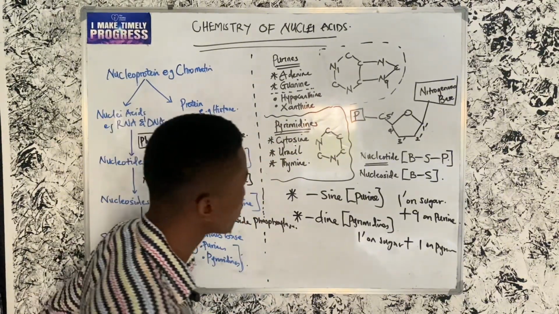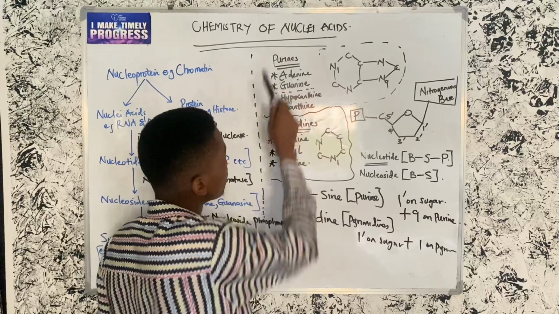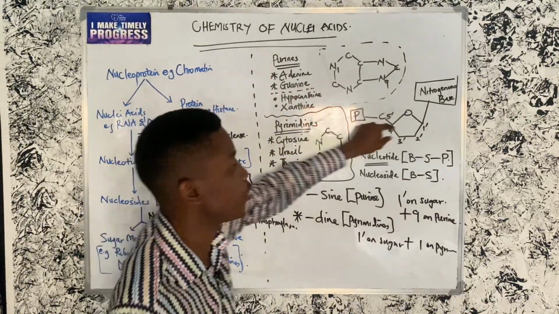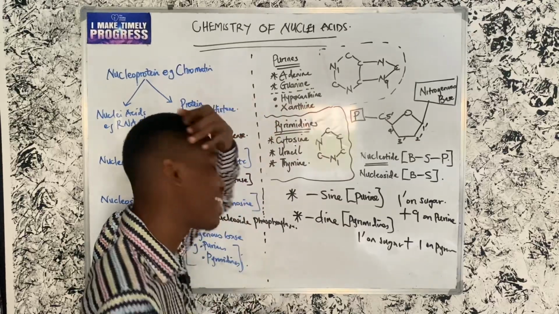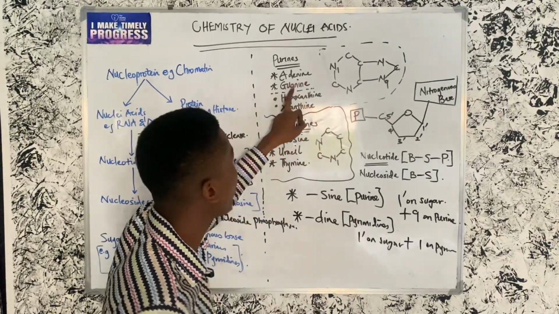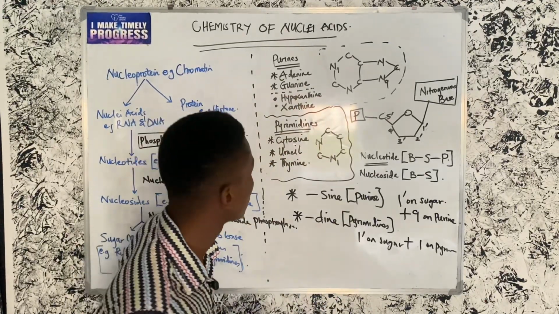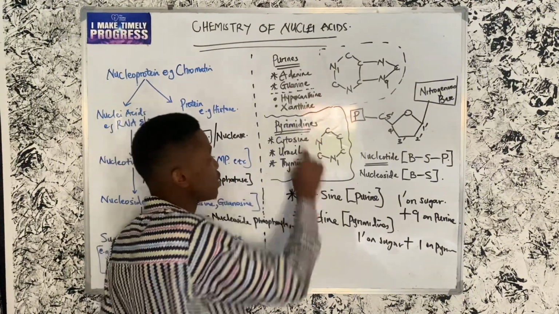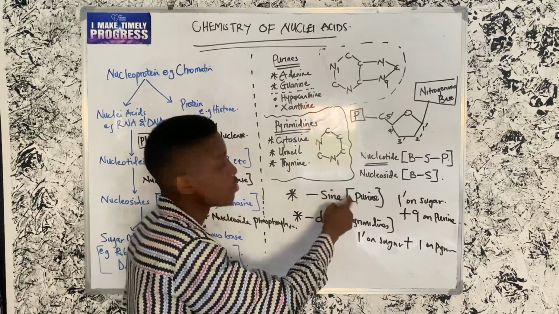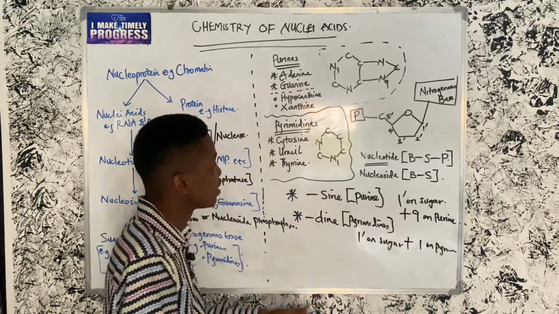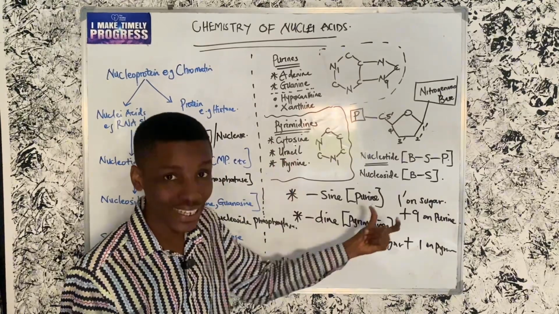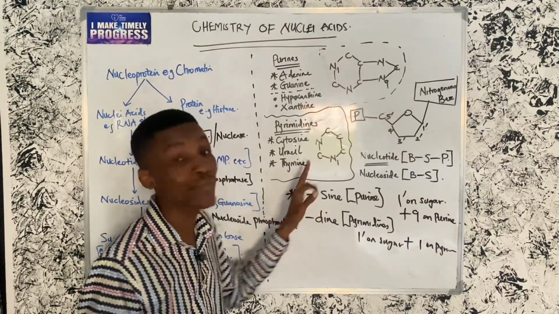So please observe something. Anytime it is a purine, like adenine plus a ribose, the name given will be adenosine. Guanine will now be guanosine. So that's how we end the names for purines: adenosine, guanosine. But if it was a pyrimidine, it will now be cytidine, uridine, and thymidine.